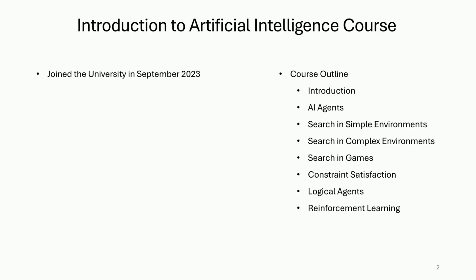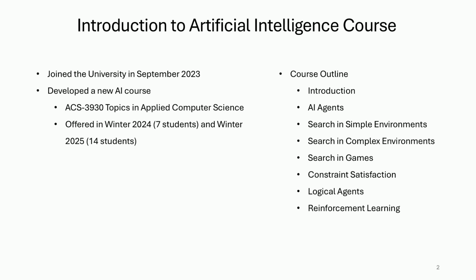I joined the university in September 2023, and then I developed a new AI course. Before that, we didn't have that course because AI is still a new topic. For the first two terms, it was delivered as a topics course in the department. In winter 2024, I had 7 students in my class, and in winter 2025, I got double the number of students.